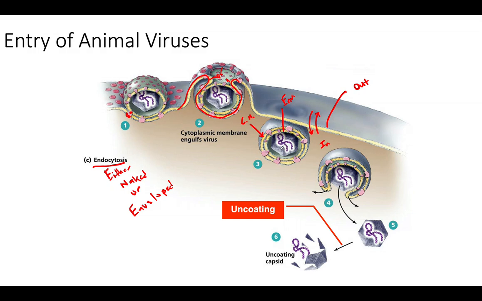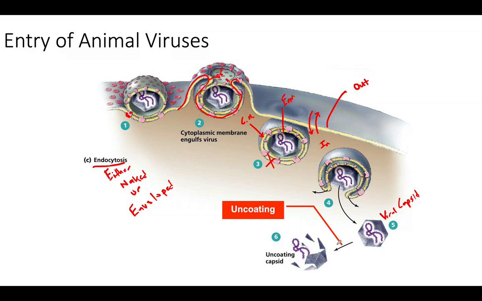But the continuing steps of endocytosis would be to remove that lipid outer layer, and so now you have the viral capsid, and inside the capsid is the viral nucleic acid.